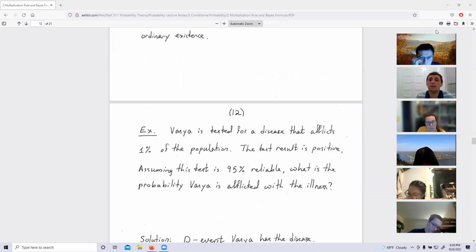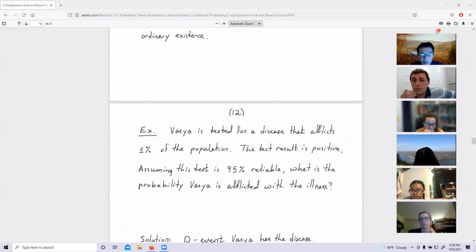So let me explain to you what 95% reliability means. Let's simplify this. We are not distinguishing between sensitivity and specificity. So the idea is that 95% of the time, this test will correctly say the person has the disease, given that the person has it. So out of 100 people that have the disease, 95 will be correctly identified as having the disease.